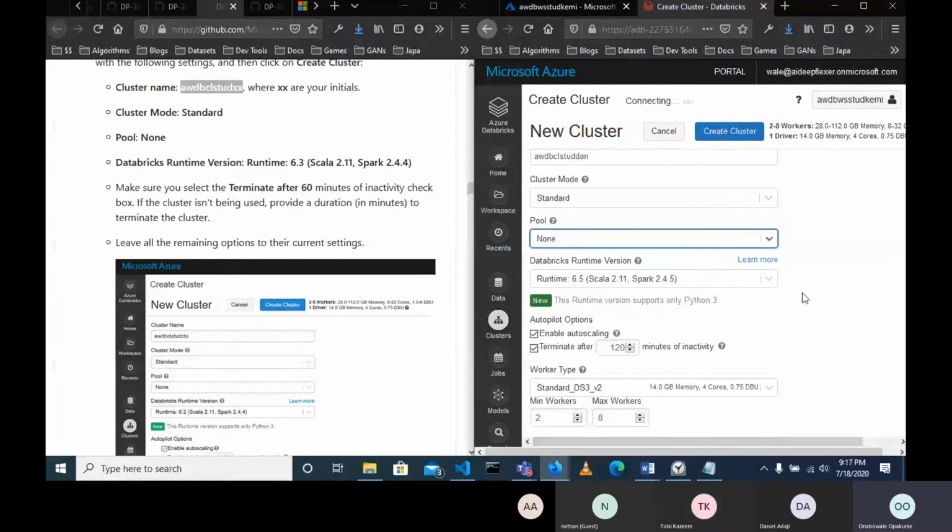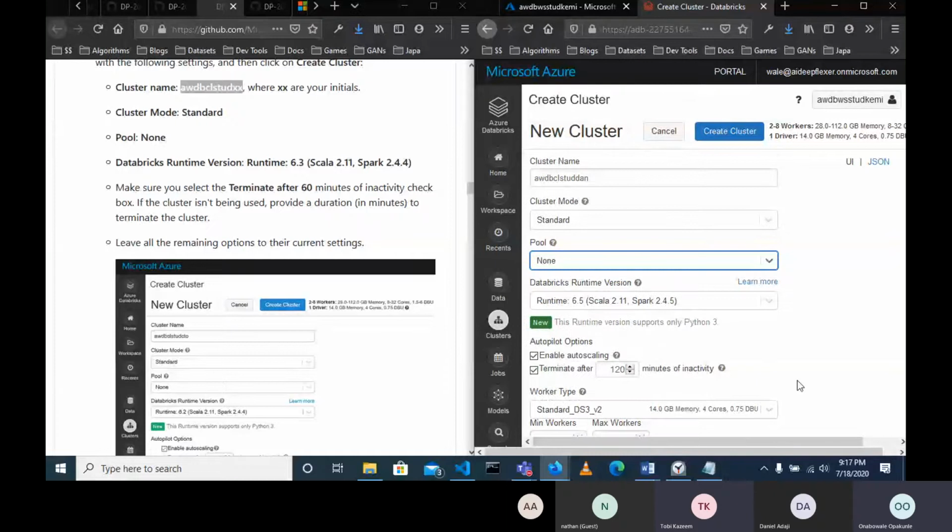Databricks already runs in parallel because it uses Spark, and Spark clusters run in parallel. Okay, got that.